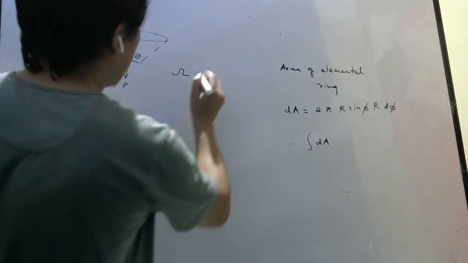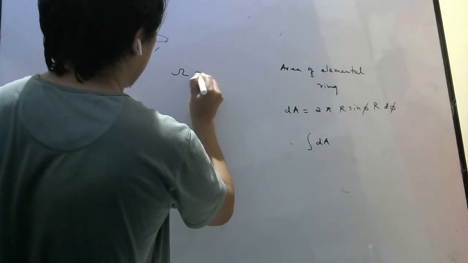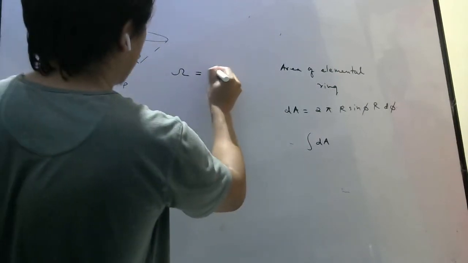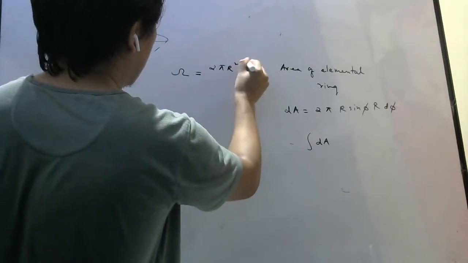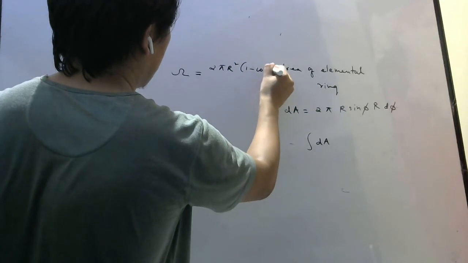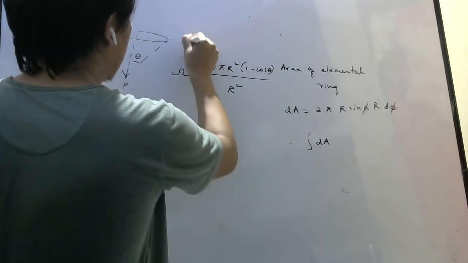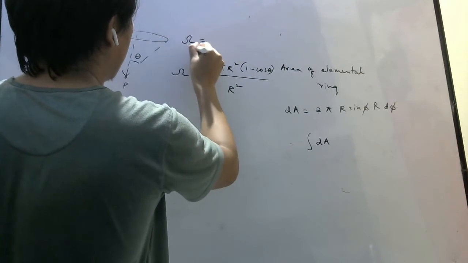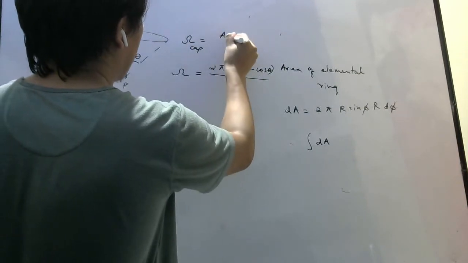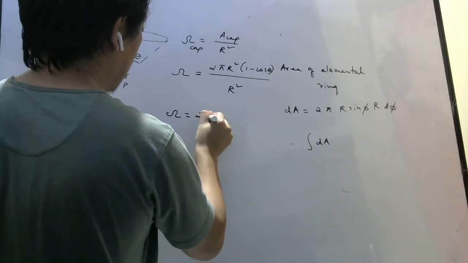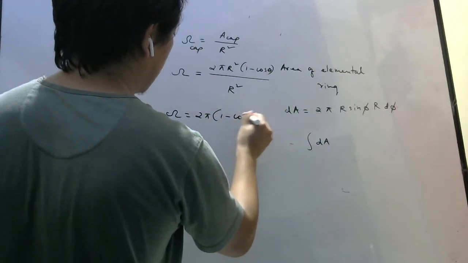So what was the area of this part of the sphere? 2 pi r square 1 minus cos theta, divided by r square, right? So the solid angle subtended by the cap will be the area of the cap divided by r square, that is 2 pi 1 minus cos theta.